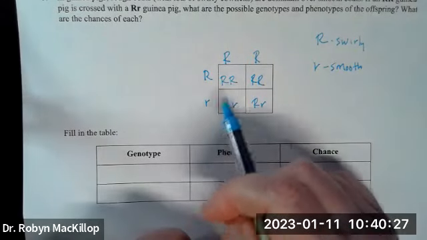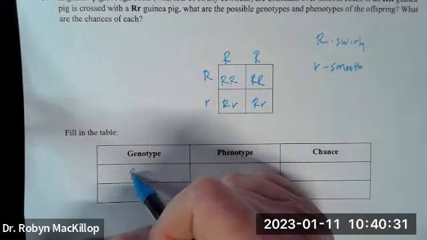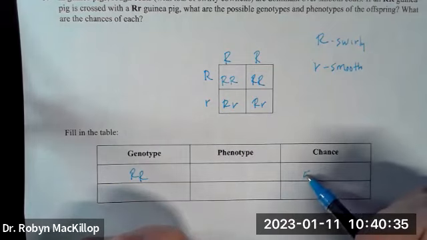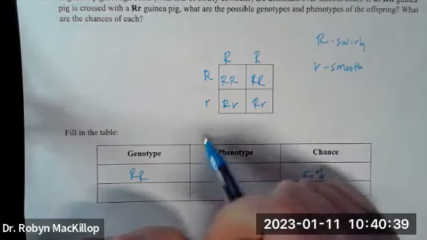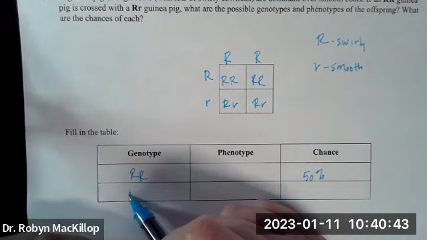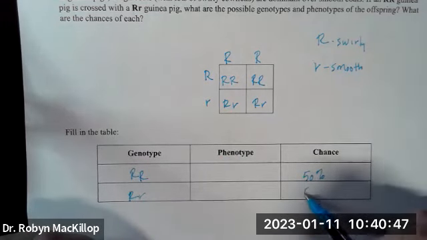So we have 2 homozygous dominant, which means 50%. And we have 2 heterozygous dominant, big R, little r, also 50% because there's 2.